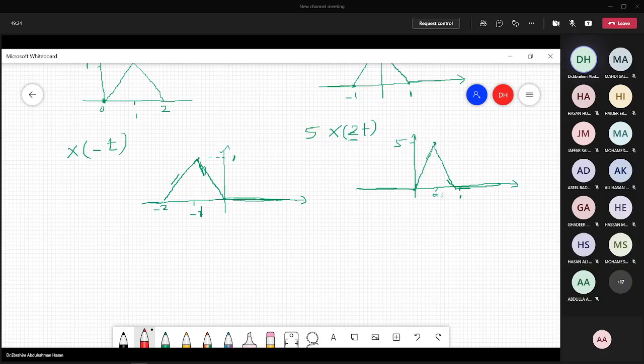About this one. 2 multiplied by x multiplied by 2t minus 1. Let me do a general one.